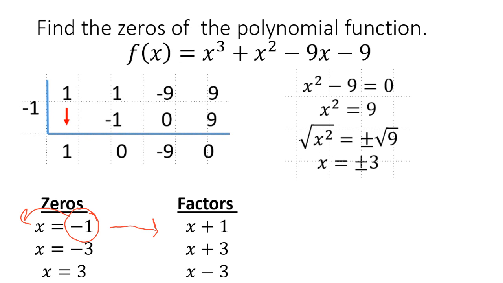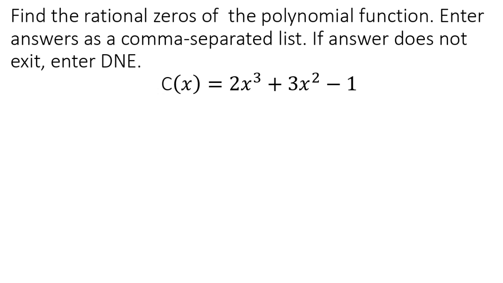So my factor is going to be x plus 1, and x equals -3. If I bring the -3 to the left side, then I'm going to have x plus 3. And if I bring this 3 to the left side, I'm going to have x minus 3. In a little bit, we'll be able to use these factors to do something else. Any questions on this example?